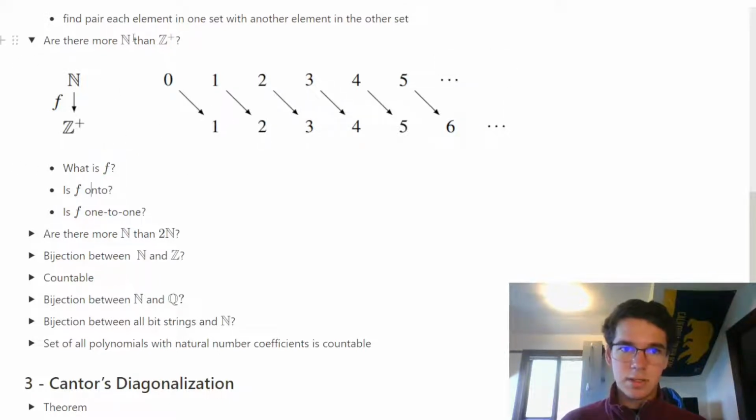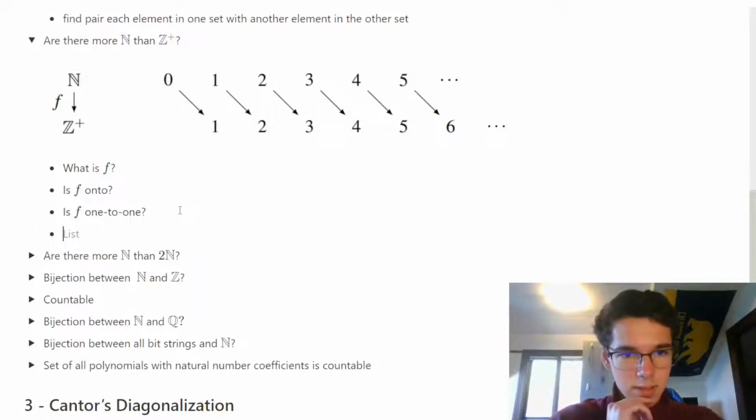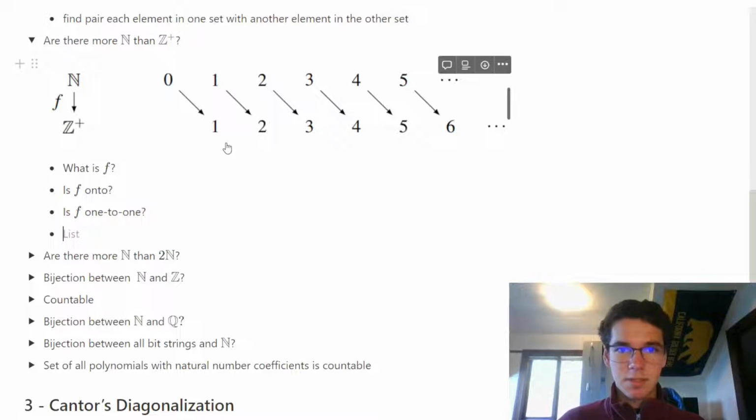And so the set of natural numbers is the same size as the set of positive integers. So I'm going to write that down, and something that my GSI said is that it's good to be able to recall off the top of your head which sets are the same size, or sorry, are countable. And we'll discuss what it means to be countable in a little bit.